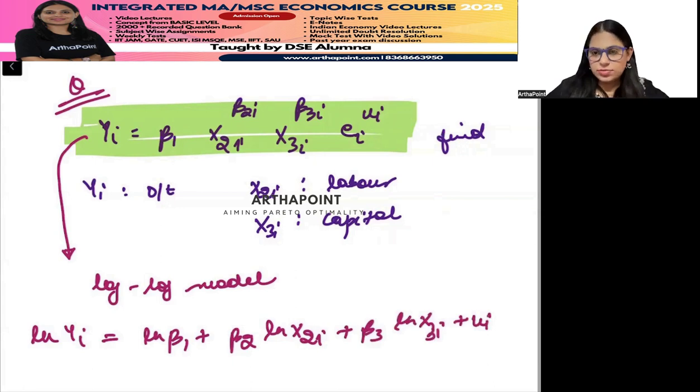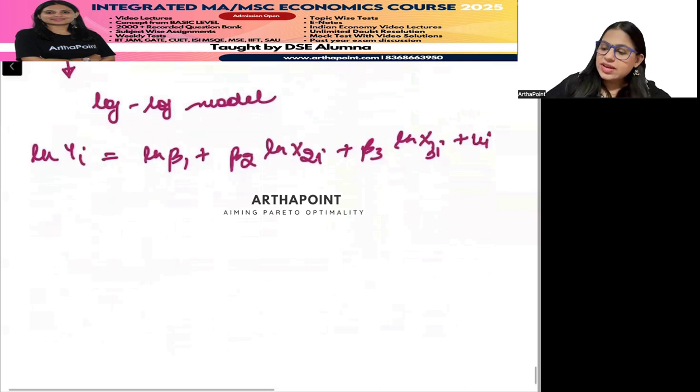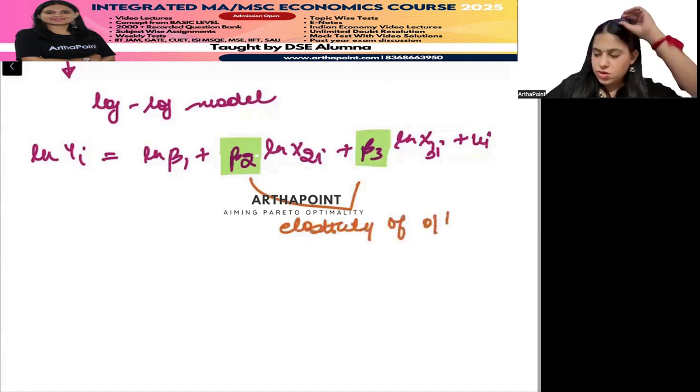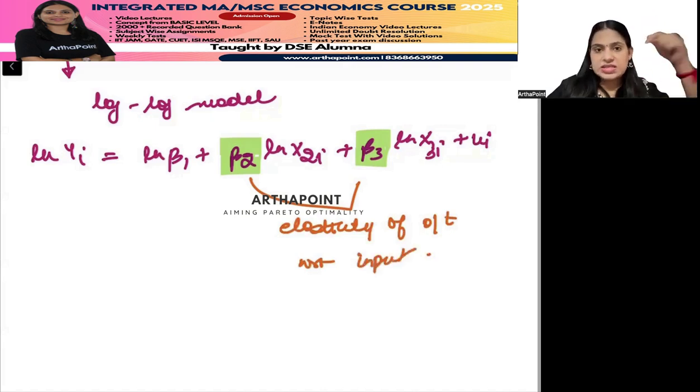Ln e is just 1. अच्छा, we know that these betas, इनको हम क्या बोल देते हैं? These are called elasticities of output with respect to input.